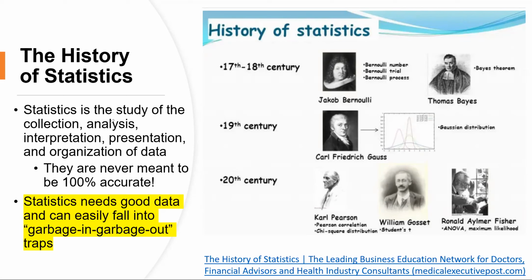We're talking about probability. Nothing is 100% accurate. And at the end of the day, statistics only make sense when you have good data. Otherwise, you could fall into the garbage in, garbage out trap.